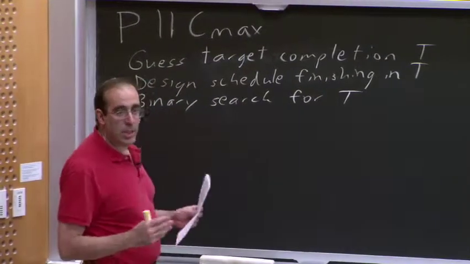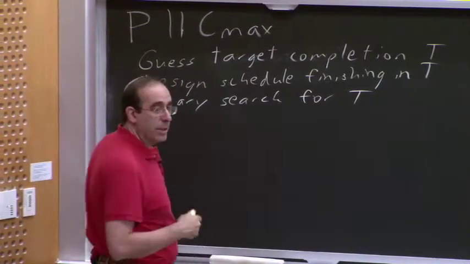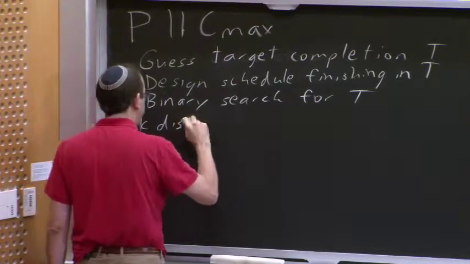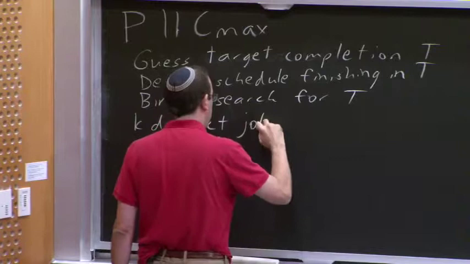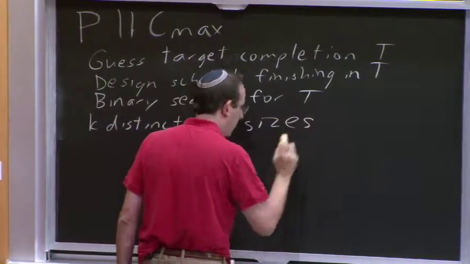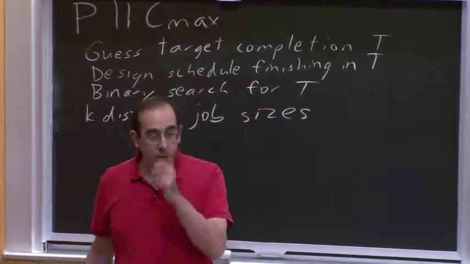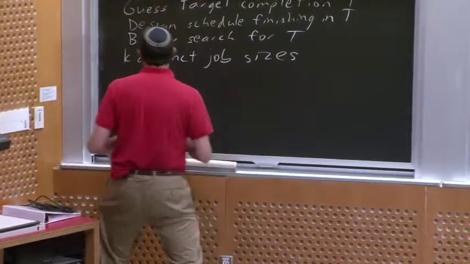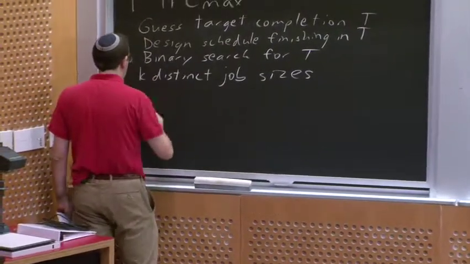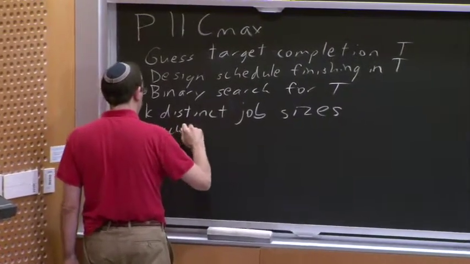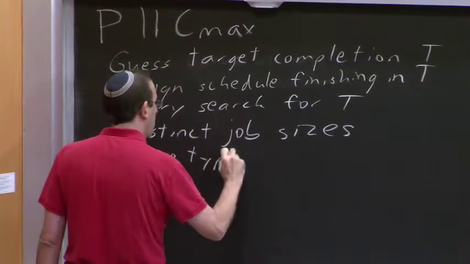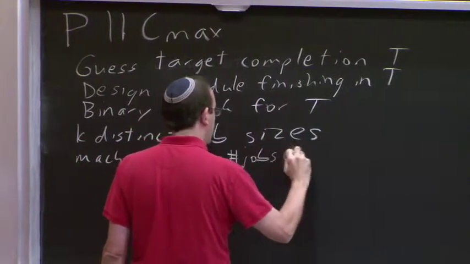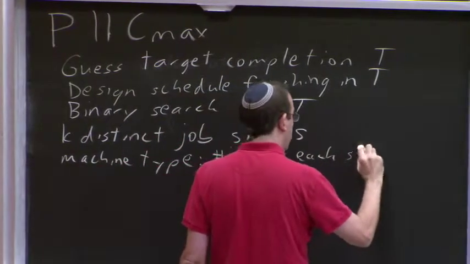And so last time we started by looking at the special case of k distinct job sizes. And we looked at a brute force, a dynamic programming enumeration for solving this, where we define a machine type, which just specifies the number of jobs of each size.